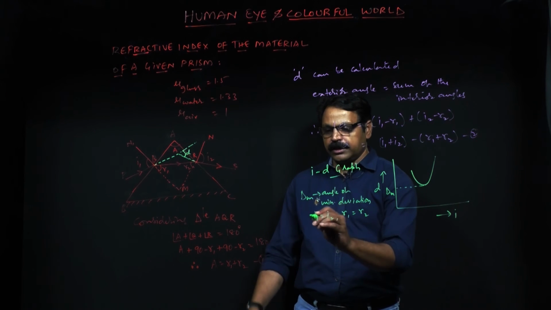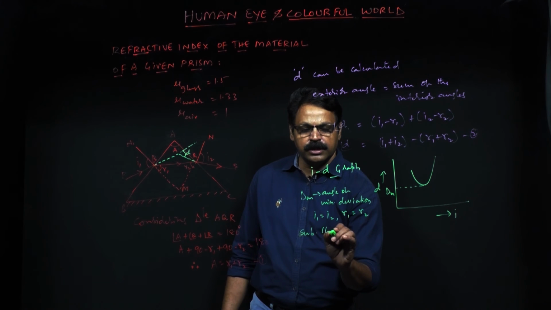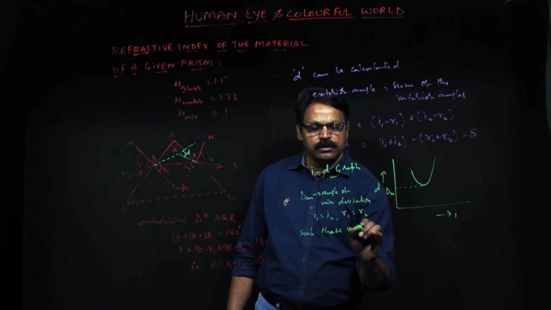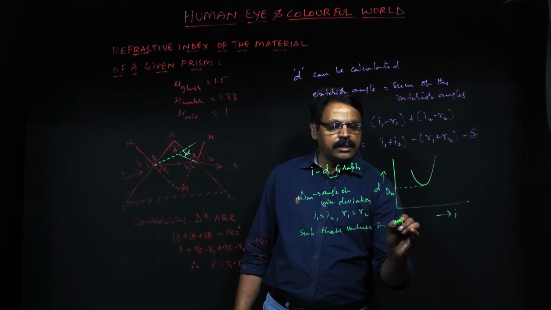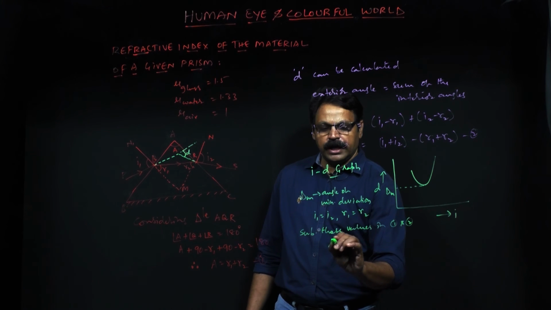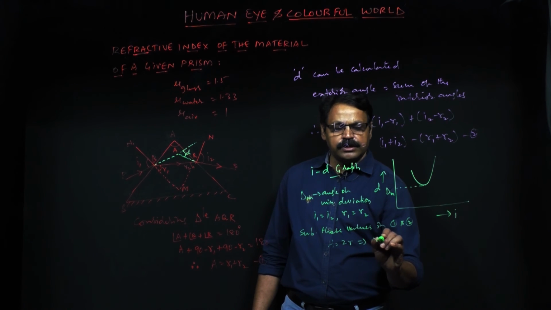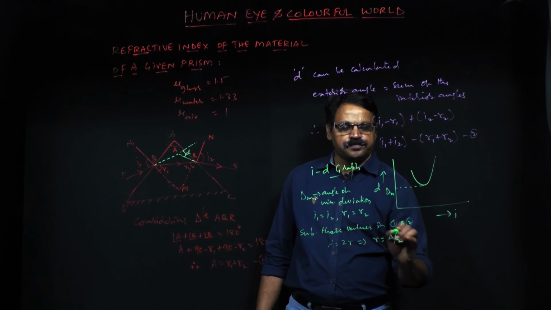Substituting these values in equations 1 and 2, I get A is equal to 2R, which implies R is equal to A by 2.